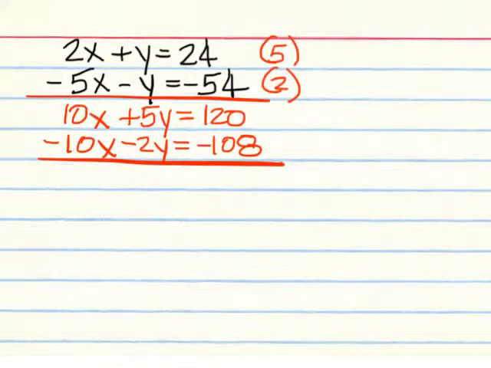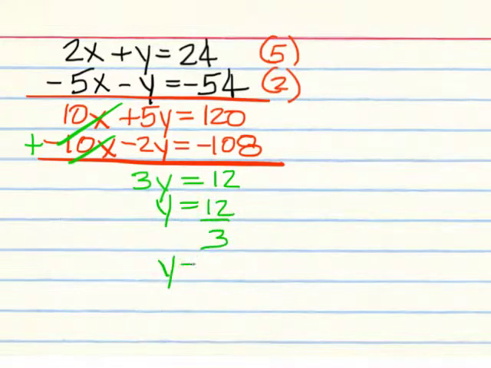When we add, we end up canceling these out, and 5 plus a -2 is going to be 3. And then we have 120 plus a -108. That would give us 12. Divide by 3, y is 4.